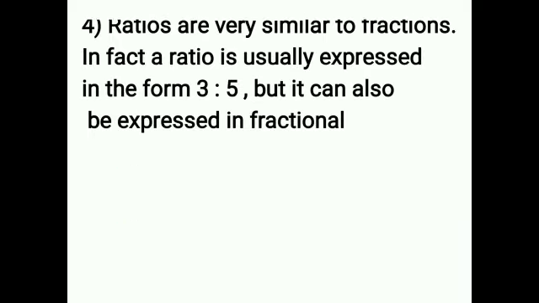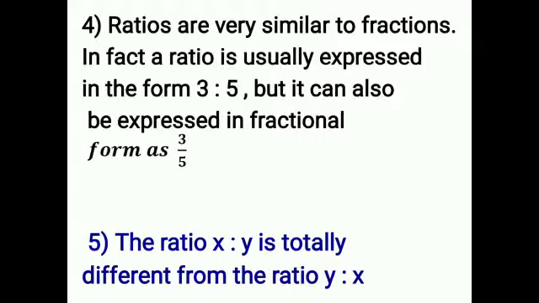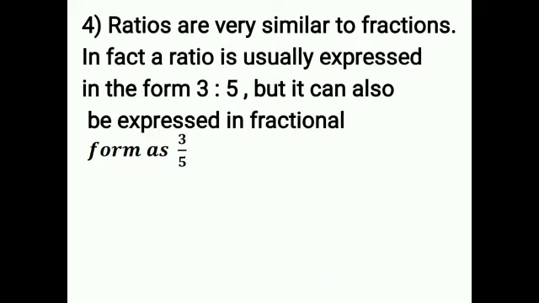Now the fourth one: ratios are very similar to fractions. In fact, a ratio is usually expressed in the form 3 is to 5, but it can also be expressed in fractional form as 3 by 5. What is the meaning of this?